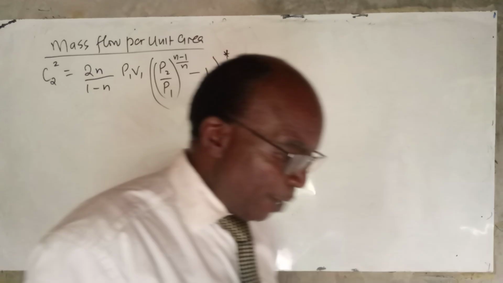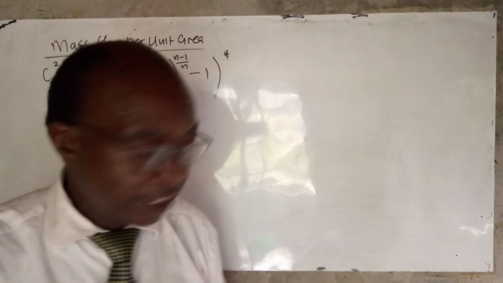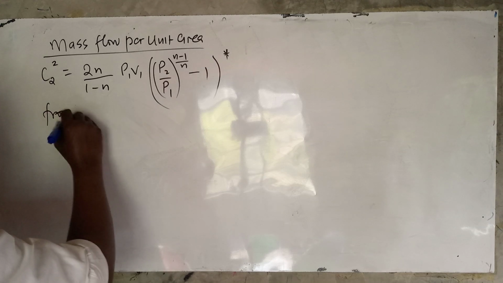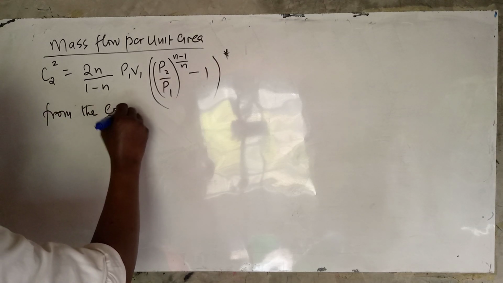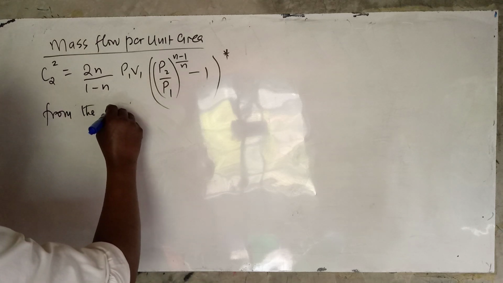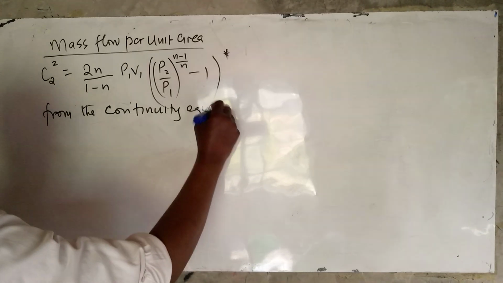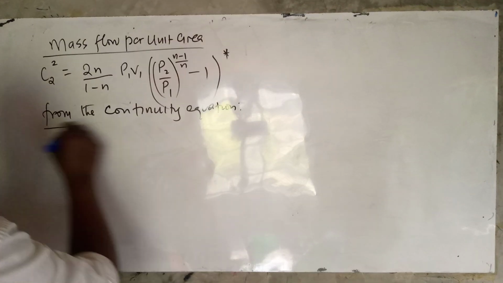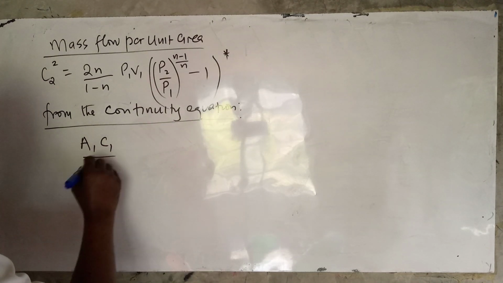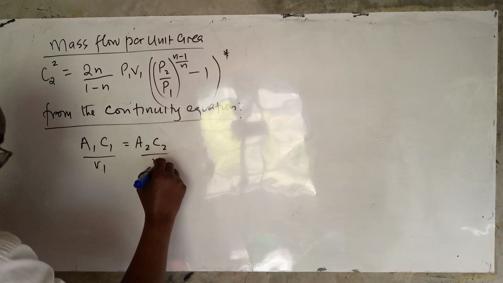We also talked about the continuity equation, in terms of the principle of conservation of mass. From the continuity equation, we said we have A1 C1 over V1 is equal to A2 C2 over V2.